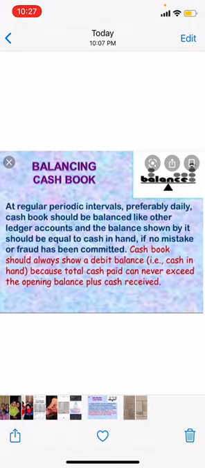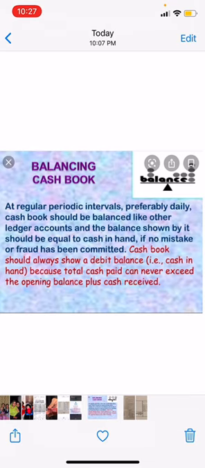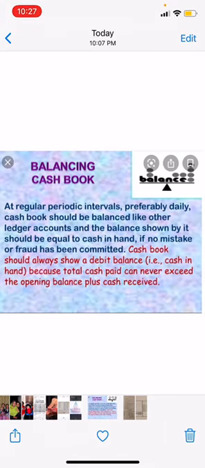Okay, so the source document of cash receipt is generally the duplicate copy of the receipt issued by the cashier. For payment, any documents, invoice, bill, receipt, etc., on the basis of which payments can be made, will serve as a source document for recording transactions in the cash book.